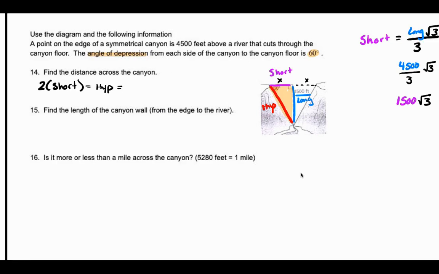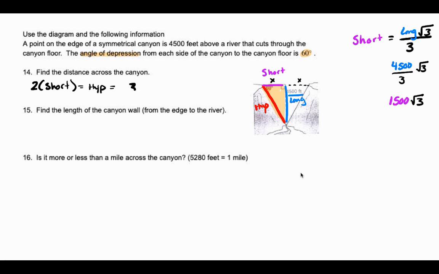So we're going to end up getting 3,000 times the square root of 3, which is approximately 5,196.2 feet.